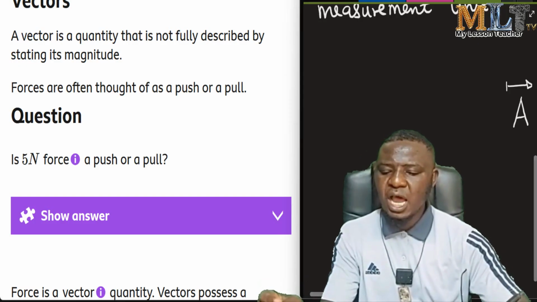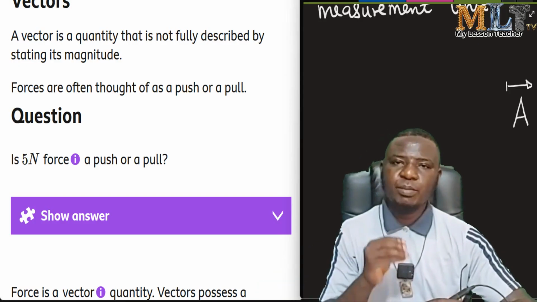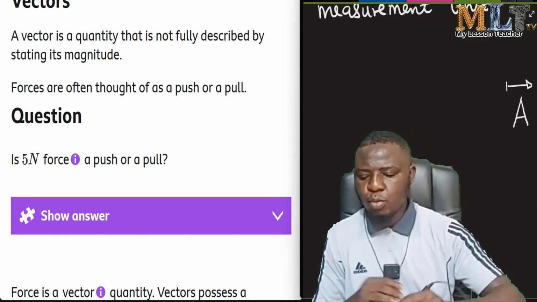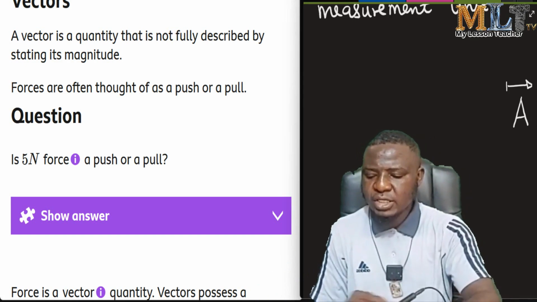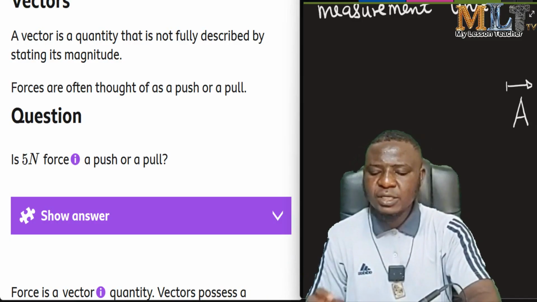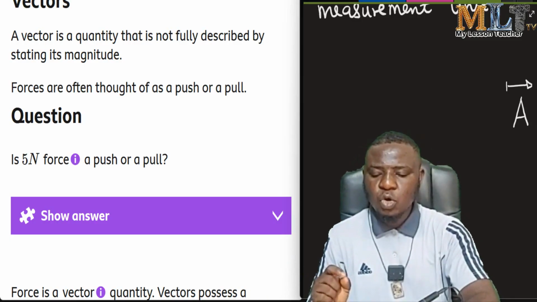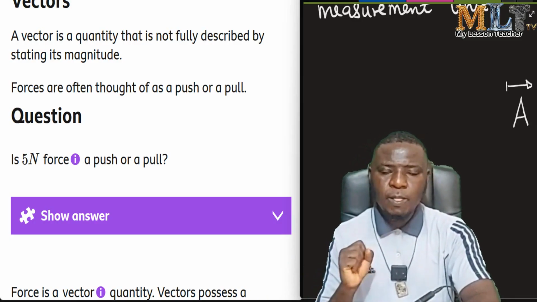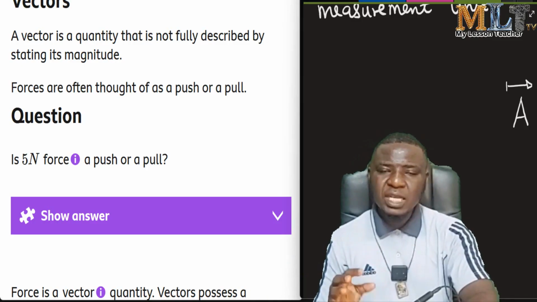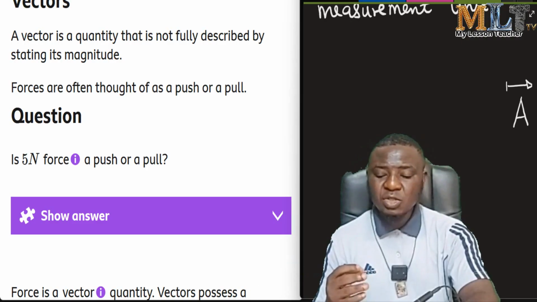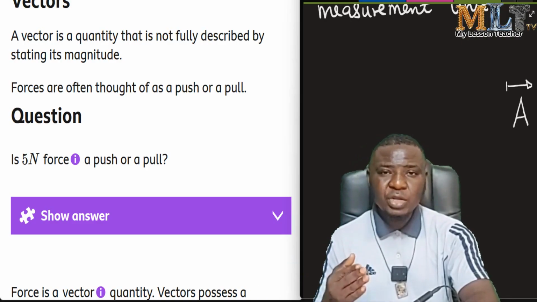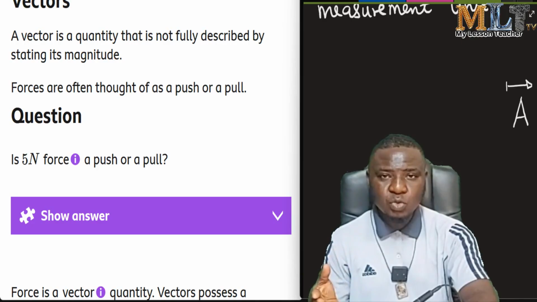So I said forces are often thought of as a push or a pull. We have a question that says, is a 5 Newton force a push or a pull? Now, a 5 Newton force can either be a push or a pull, but the direction in which it is being applied is not stated.